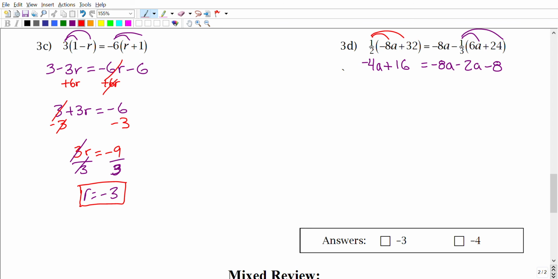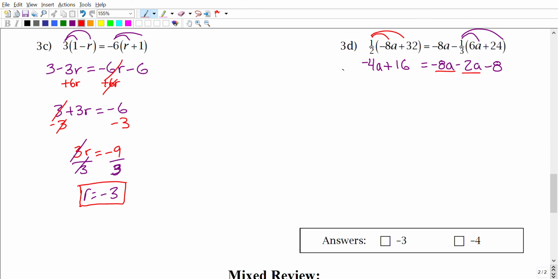Before I start getting the variables on one side, I have to make sure I can combine some stuff here, which I can. I can combine these two terms.